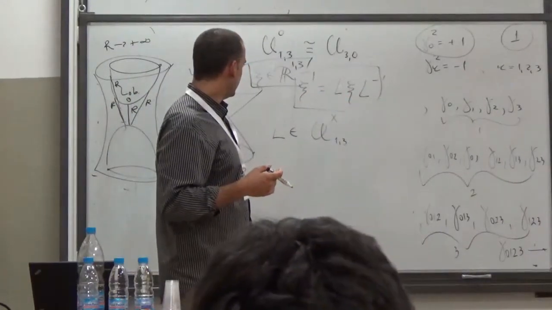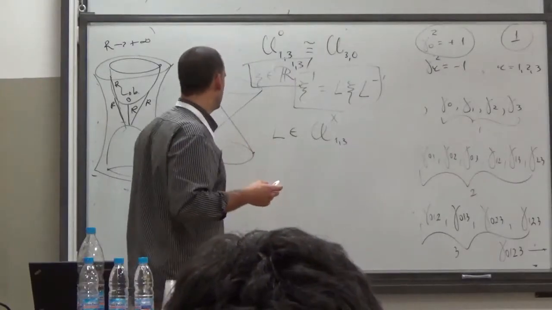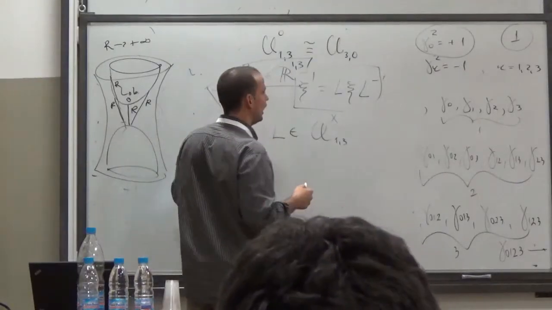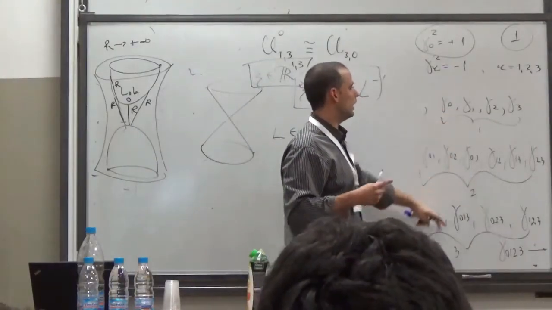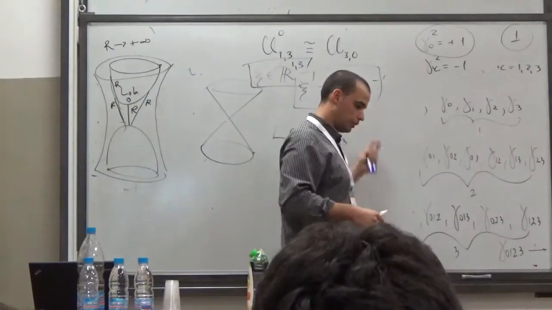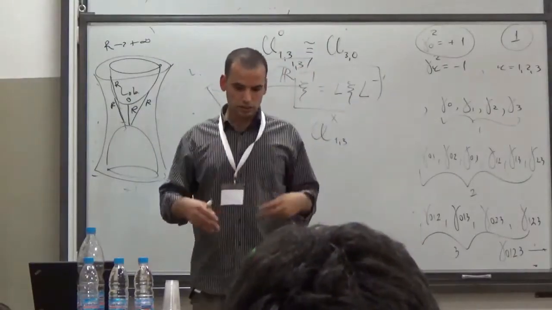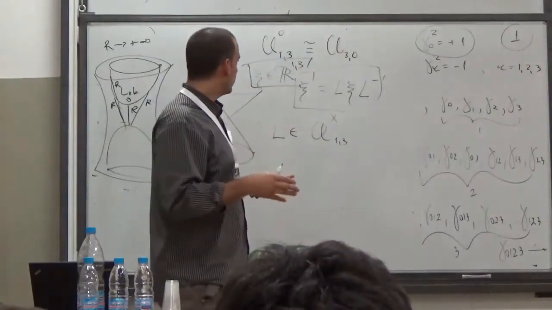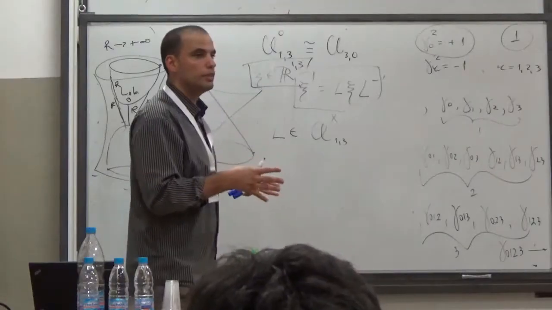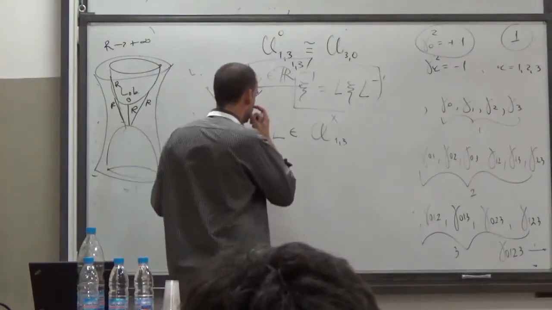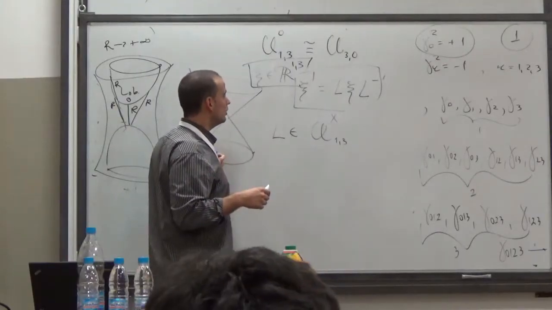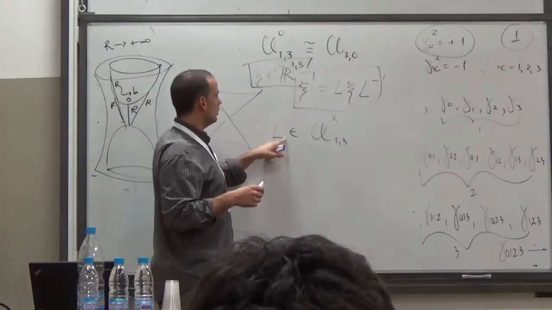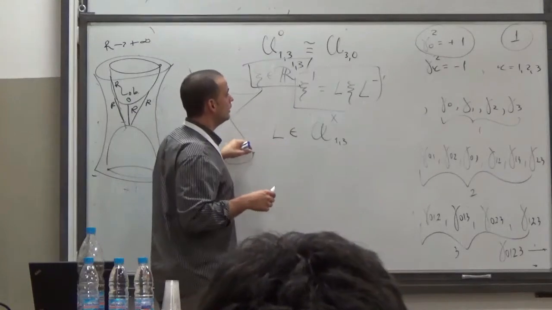If you take L to be a representative of the even subgroup, this gives you a rotation, a pseudo-rotation in this case, a composition of an even number of reflections.